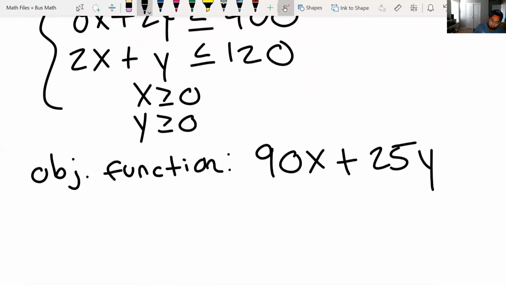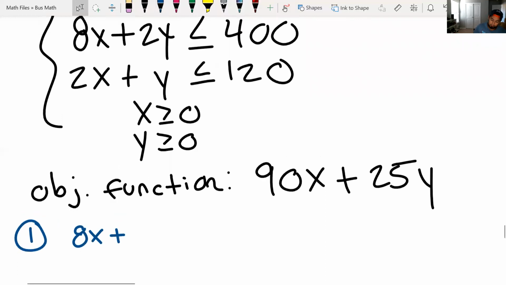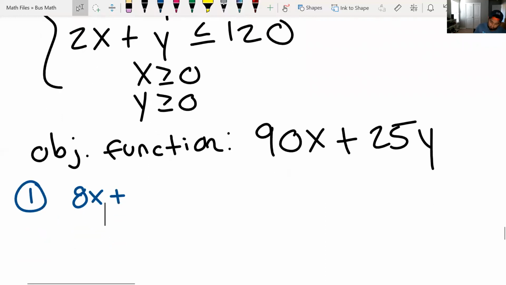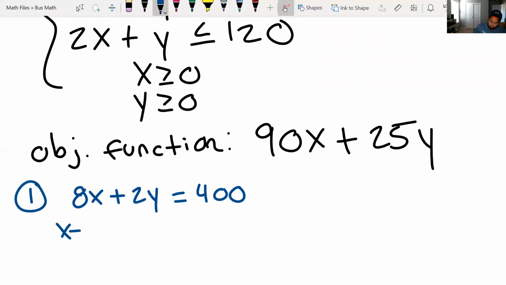Number one, 8x plus 2y equals 400. So, x-intercept, y-intercept, right? X-intercept gives me 8x equals 400.